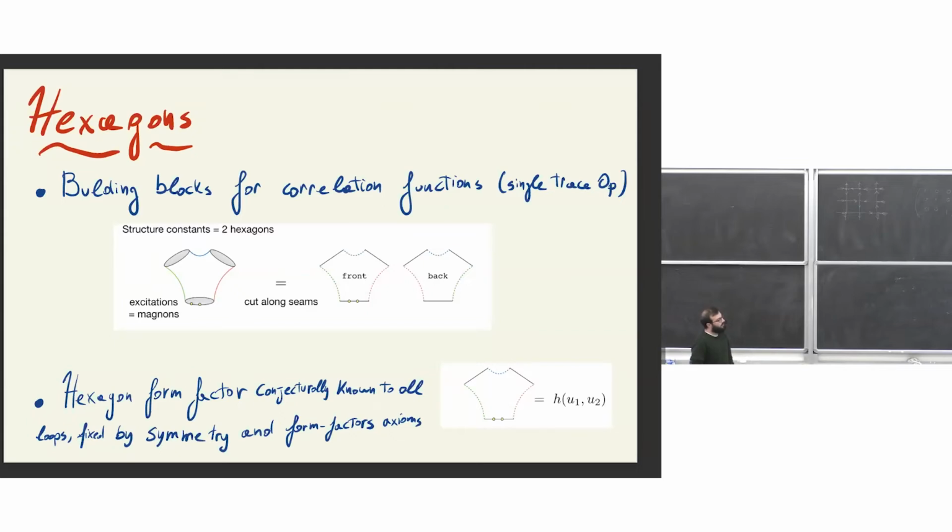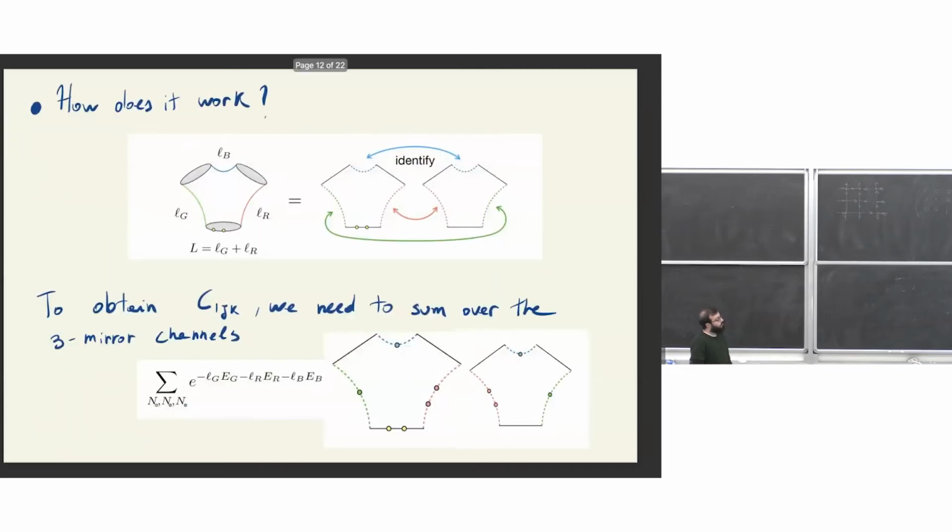So the idea is, again, I have this single building block, and then I can sew different ones together to construct pants, so to construct more complicated geometries. And so what I need to do if I want to compute the structure constant is, first of all, understand how to plug the identity back in here, and then also understand how to construct these different hexagons with different particles inserted at different positions.